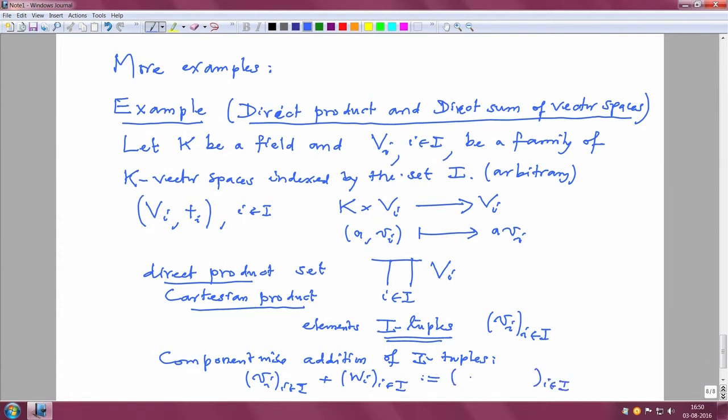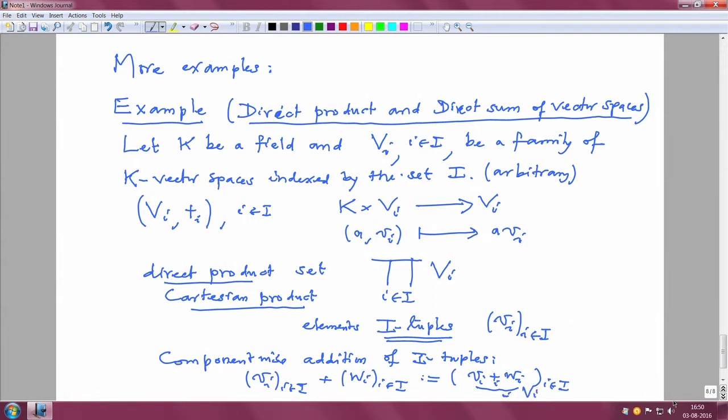And what is the ith entry here? You add the corresponding ith entries. So, vi plus wi, and this sum we are taking in the vector space Vi.